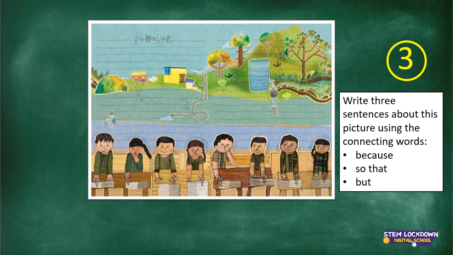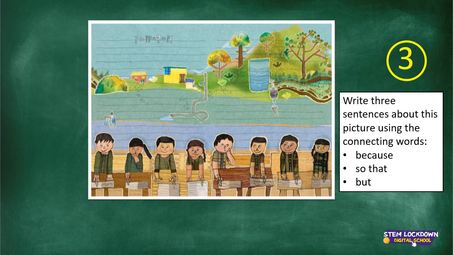That gives a reason. For so that, the children are brainstorming so that they can find a way to have clean drinking water at school. That shows a purpose for their brainstorming.